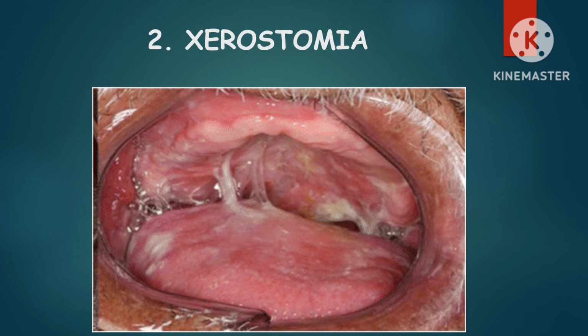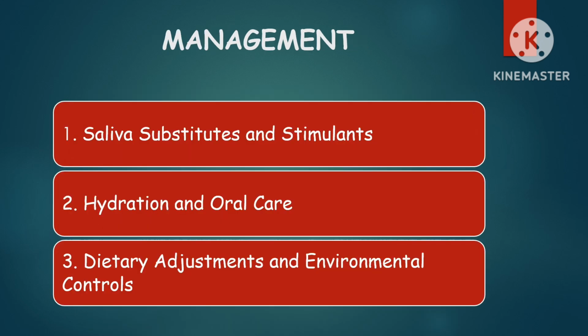Salivary glands are highly sensitive to radiation, and therefore damage of the acinar cells of the salivary gland can lead to a condition of dry mouth, which is known as xerostomia. This condition can lead to difficulties in speaking and swallowing, and there is also an increased risk of dental decay.